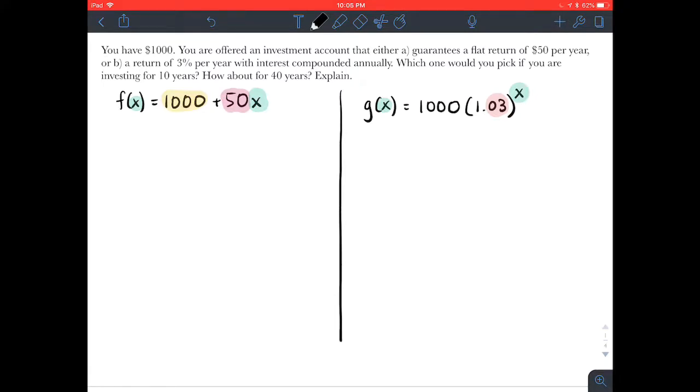So in year 2, you have 103% of what you had in year 1. In year 3, you have 103% of what you had in year 2, and so on and so forth. So after x years, you're going to have 1,000 times 1.03 to the power of x. Now, it's not immediately obvious which of these two functions is better for 10 years and for 40 years. So we're going to graph these two to see how they compare.